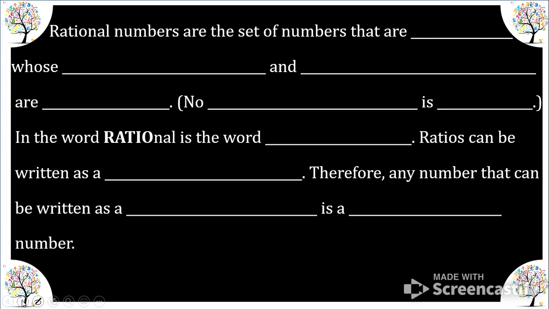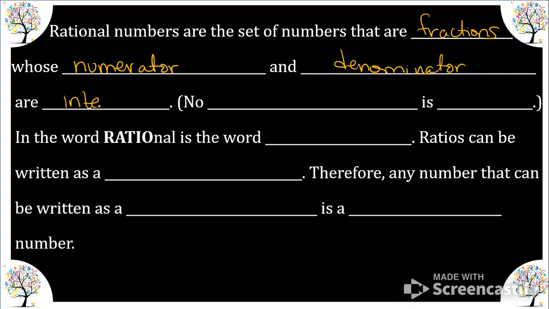Rational numbers are the set of numbers that are fractions whose numerator and denominator are integers. Remember that no denominator can be a zero.